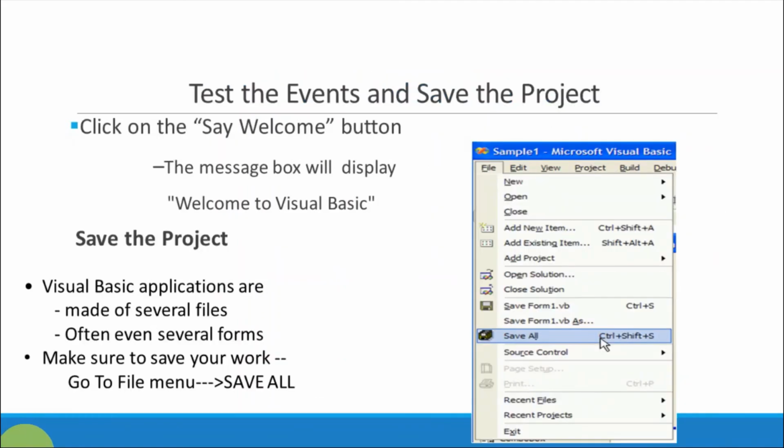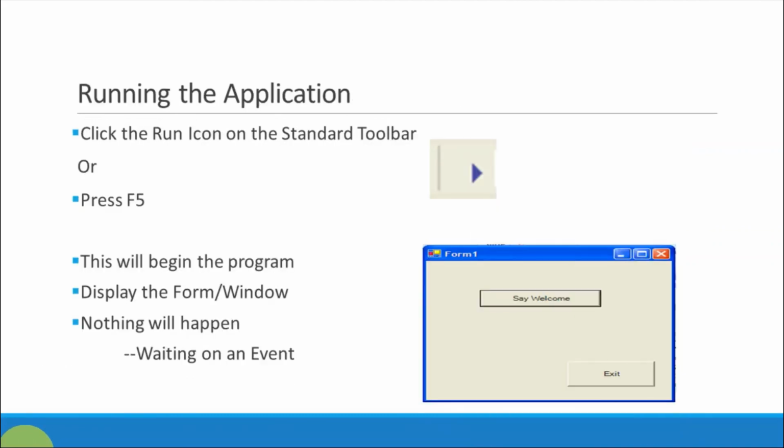Before that, I just want to tell you one more thing in general. Suppose we create a project, by default it will give you only one form, but sometimes it is required to have so many forms in your project.